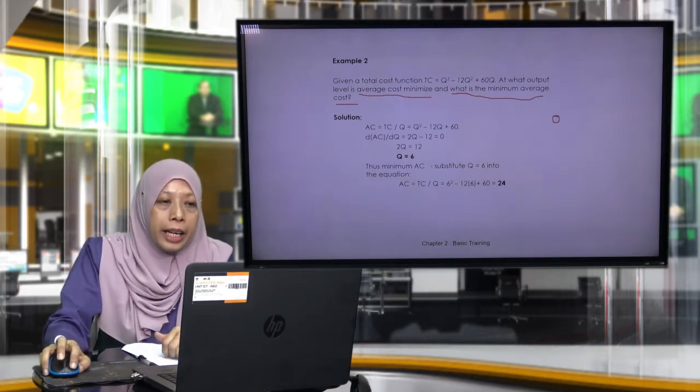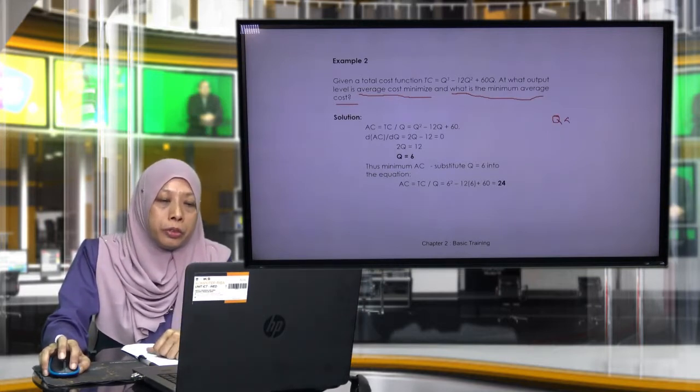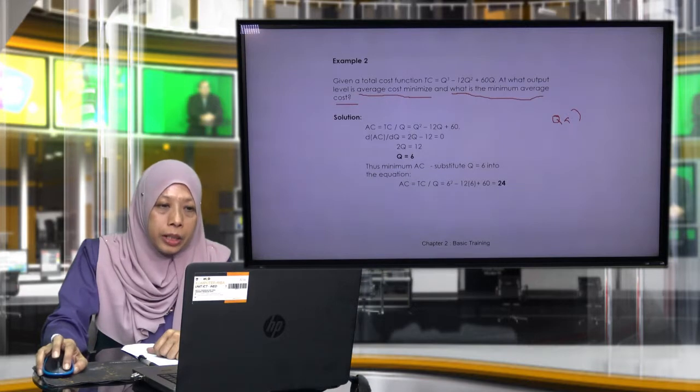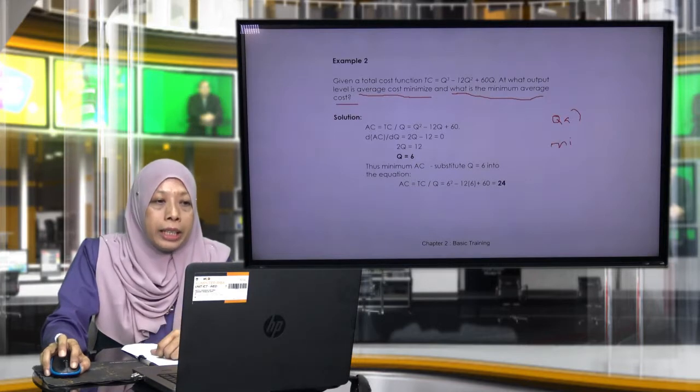If you look at the main objective, it is for you to find Q. Which Q? The one that minimizes average cost.